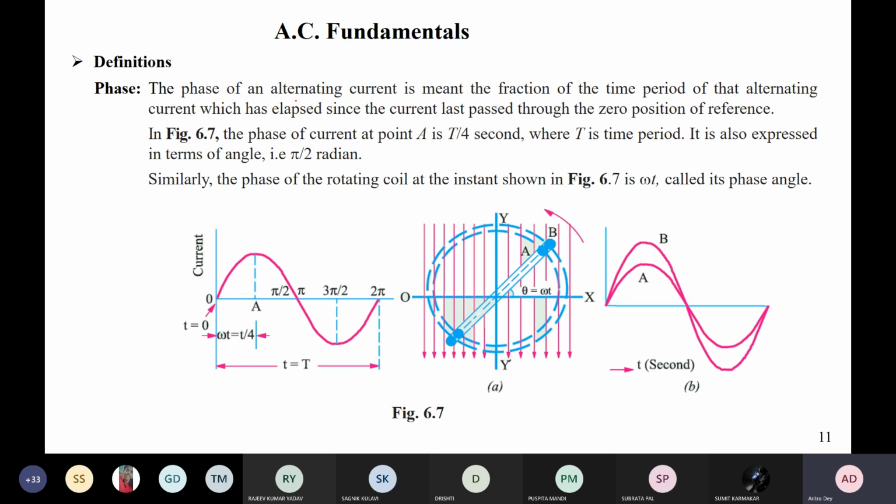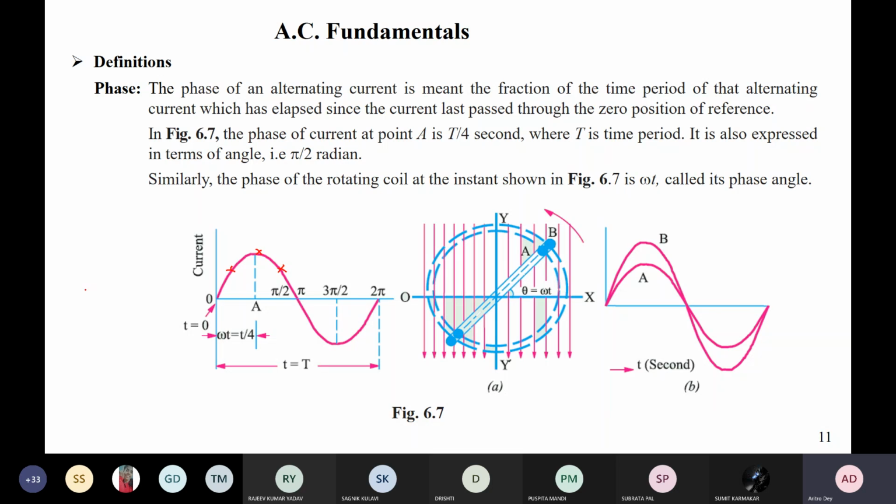Okay, so what is phase? Phase of an alternating current is the fraction of the time period of that alternating current or waveform that has elapsed since the current or the waveform last passed through the zero position of the reference. So from this zero position, any point here, here or there, is called the phase, and we can represent it either as a fraction of the time, or in terms of angle.